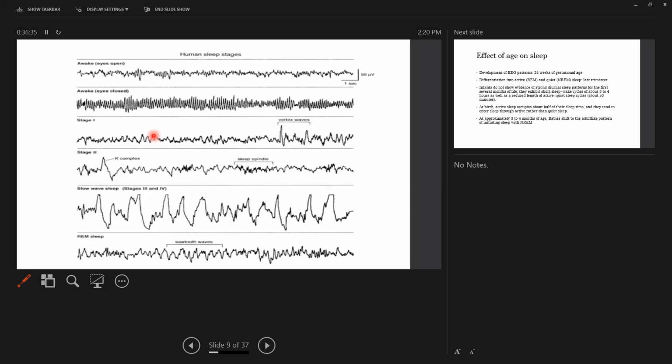Then suddenly he reverts back to the awake waves. Polysomnography is done manually, and you have to keep waking yourself up because you are very sleepy.